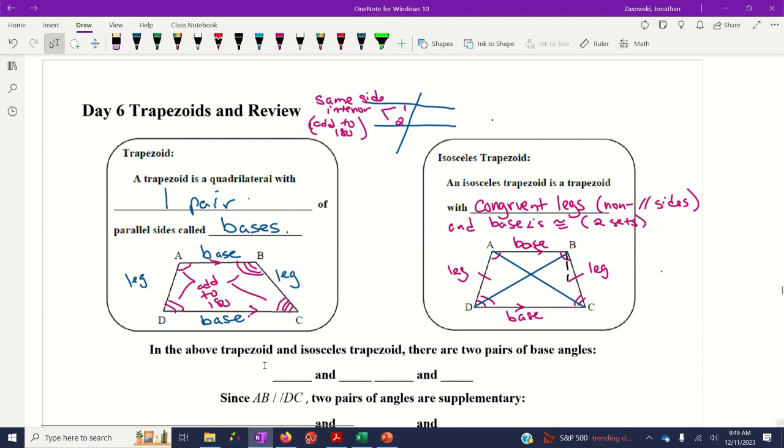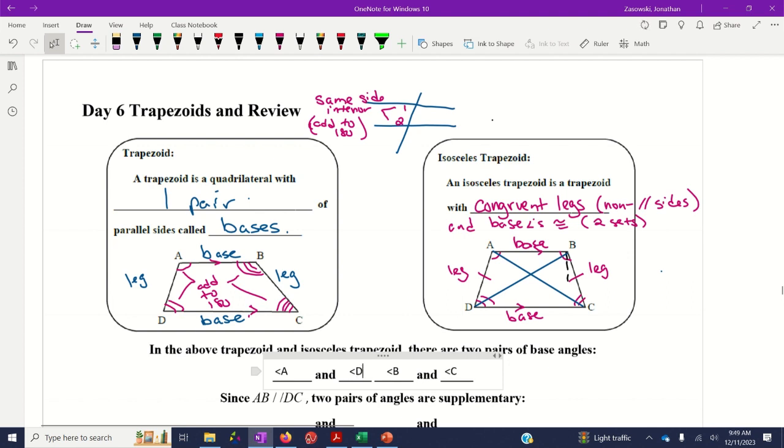All right, the other one is that in the trapezoid above, remember that the base angles are going to be equal. So angle A is going to be congruent here with a base angle, and that gets paired with angle D, and then angle B and angle C are the other pairs of base angles.